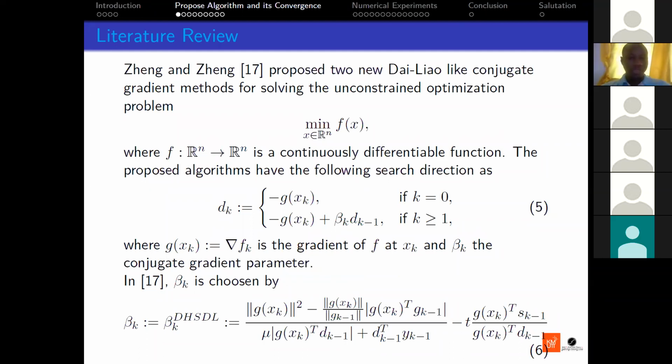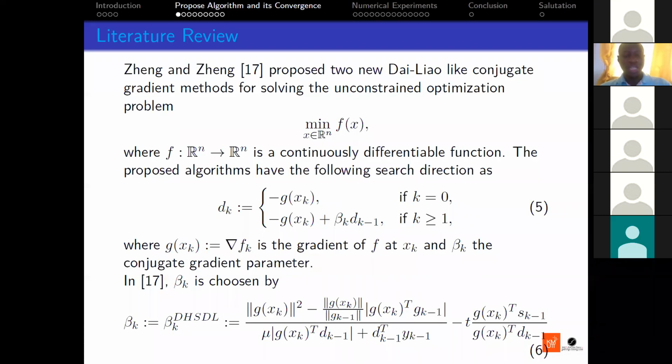Okay. Now, the paper we are interested in, or from which we derive our motivation, is the paper by Zeng and Zeng. In this paper, they propose 2 new Dai-Liao conjugate gradient methods for solving unconstrained optimization problems.